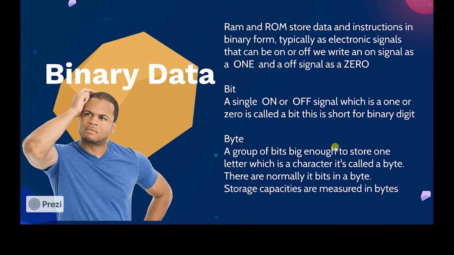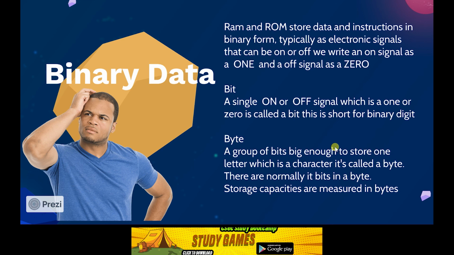Bit. A single on or off signal, which is 1 or 0, is called a bit. This is short for binary digit. Okay? So don't get confused. Going over it again, it's a single on or off signal, which is a 1 or 0, and it's called a bit, which is short for binary digit.